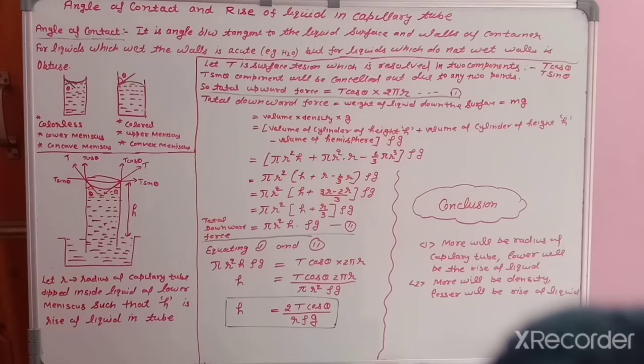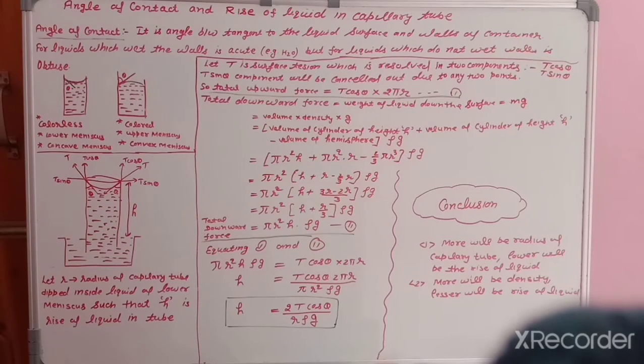In that we use a wick, and with the help of that wick the liquid rises in the upward direction. That action is also known as capillary action. And how the liquid rises from the roots of plants to the upper portion is also known as capillary action.